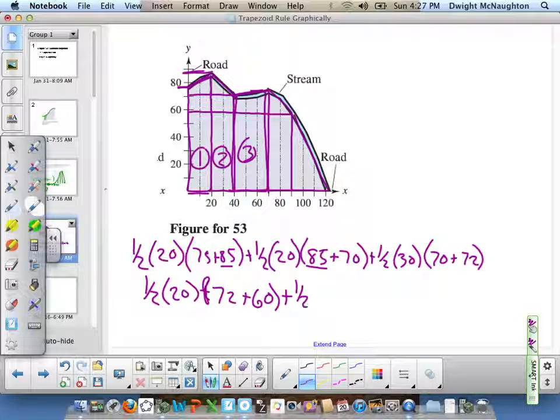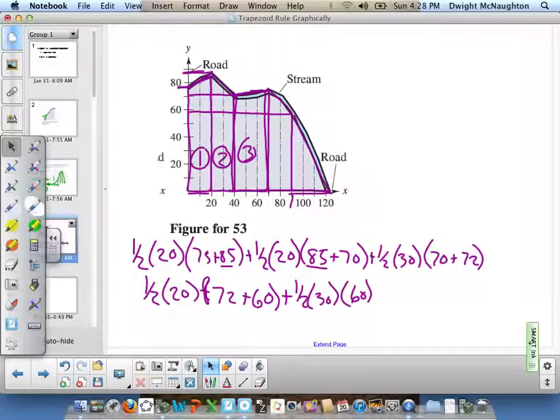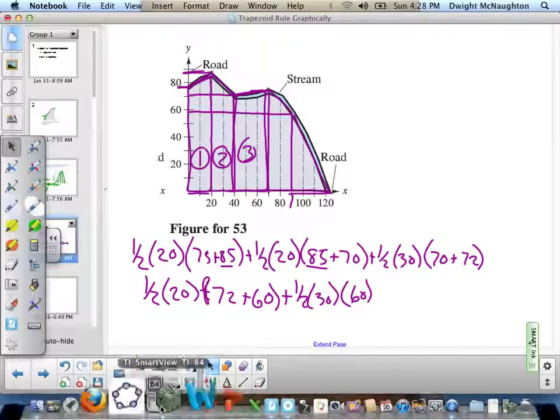Plus my last trapezoid, which is a triangle, which has a base of 30, times, in this case, just the height, which would be 60. And so there I got all my trapezoids, and I can calculate an area to go with that.